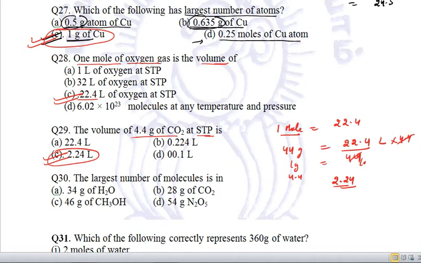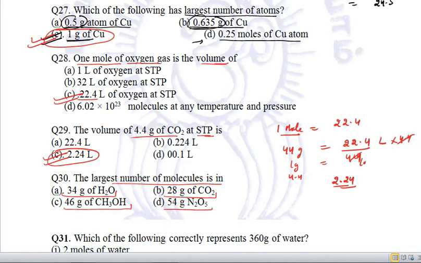Right? Coming to the next question. The largest number of molecules is in. Is it 34 grams of water, or 46 grams of CH3OH, that means methanol, or 28 grams of carbon dioxide, or 52 grams of nitrogen pentoxide?